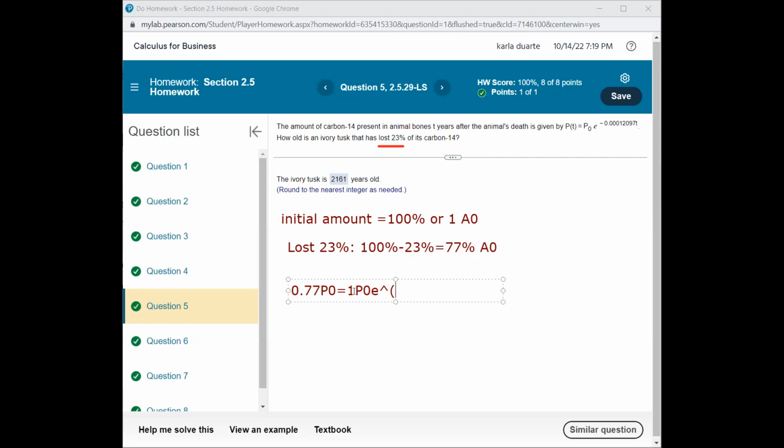The only tricky part, I'm just going to put et cetera in the box. So the only tricky part is right here. If you lost 23, you have 77. That's the only tricky part to that. Got you. So that's 2161 years.